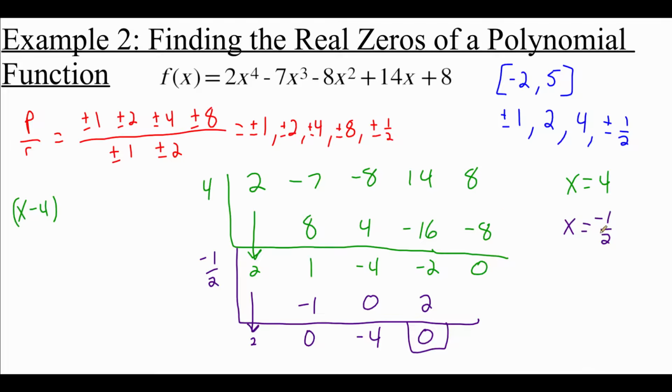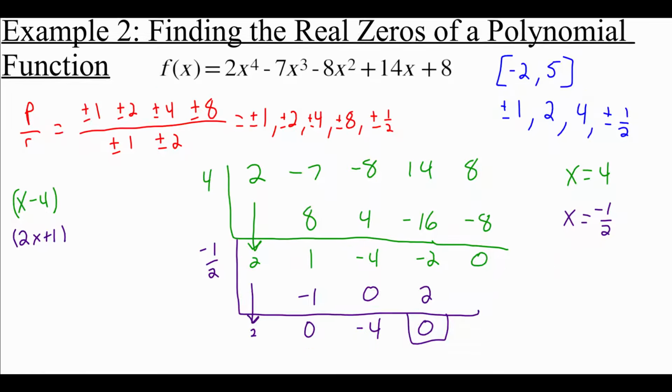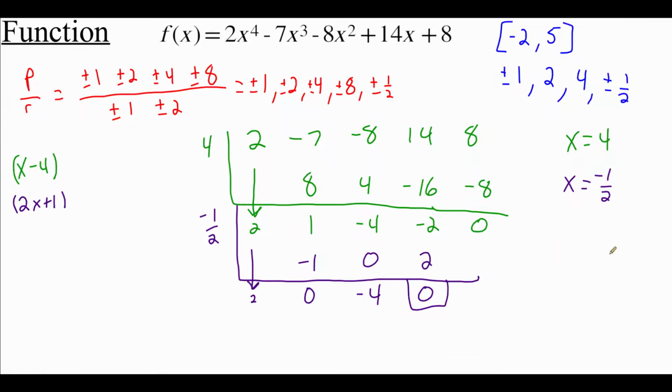And because x equals -1/2 is a 0, if I multiply the 2 over and then add the 1, that would mean that 2x plus 1 is a factor. Now, taking a look at what we've got left over, I'm actually going to put some x's back in here. We started with a quartic function, but ran 2 rounds of synthetic division. So as I put my variables back in there, I need to drop the power by 2.